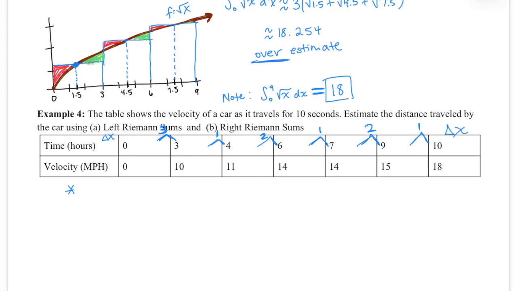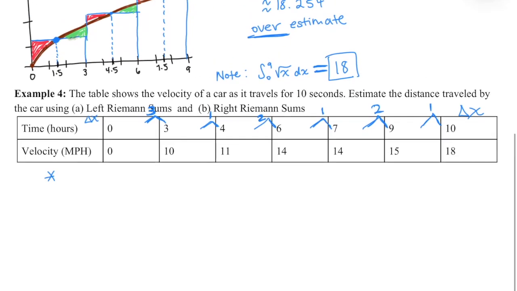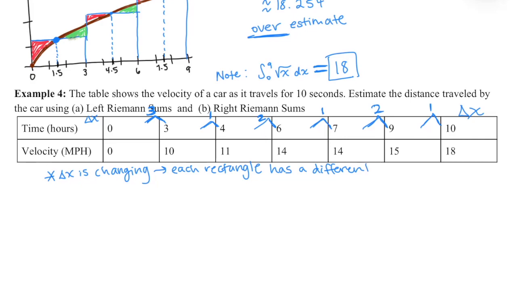And we can see that the change in x isn't the same. It's changing. And so what this is going to mean is that each rectangle has a different base. You can see some of them have the same base, but we're going to have to actually write out the area formula for each of these.